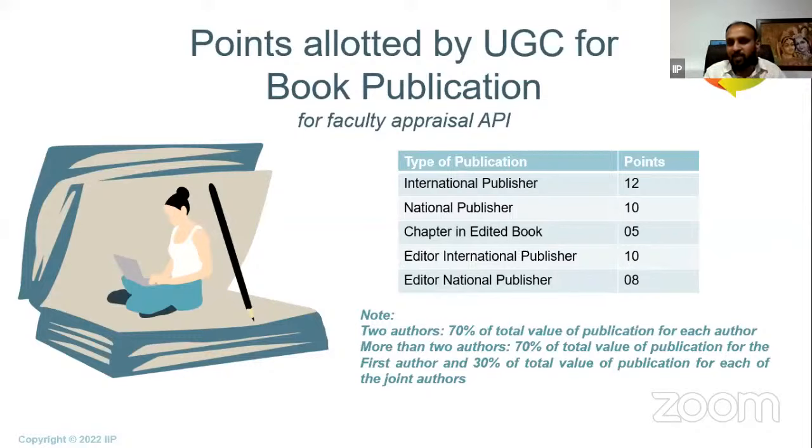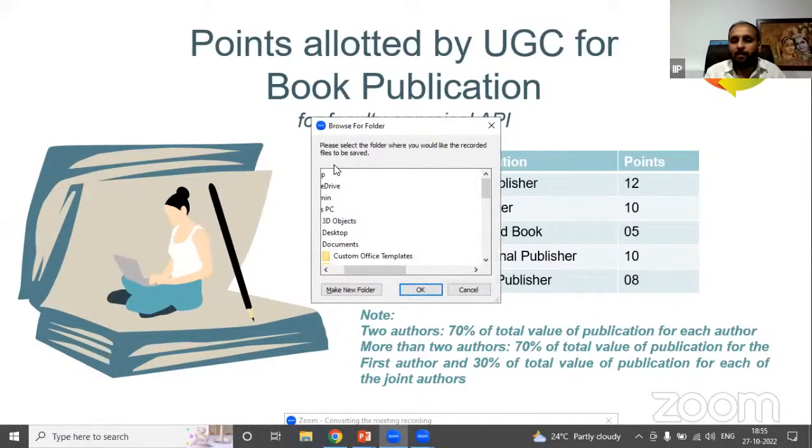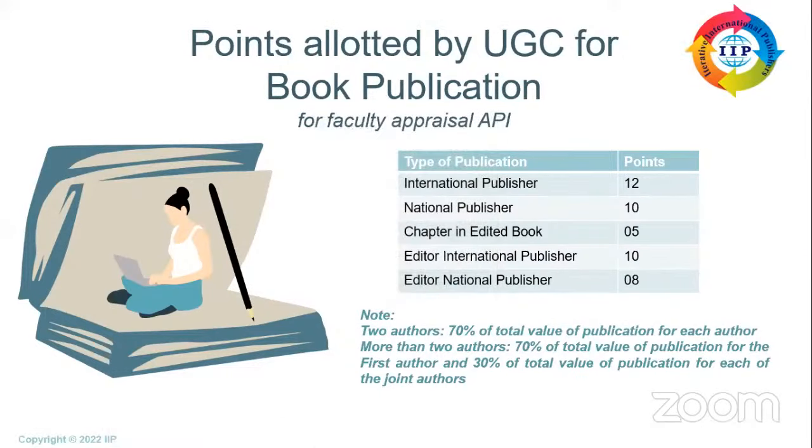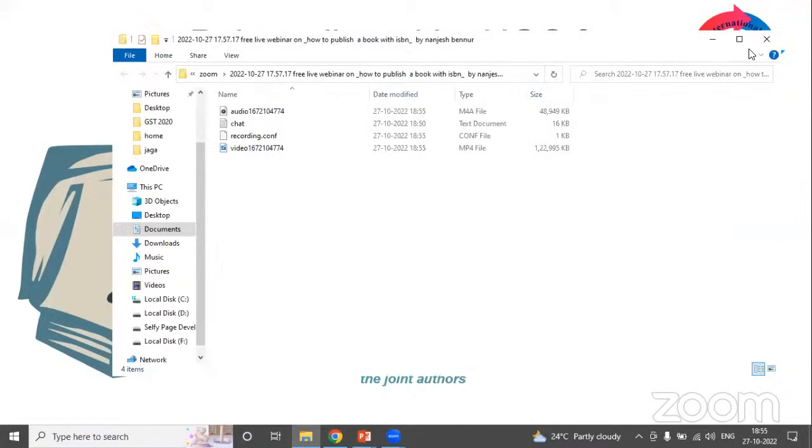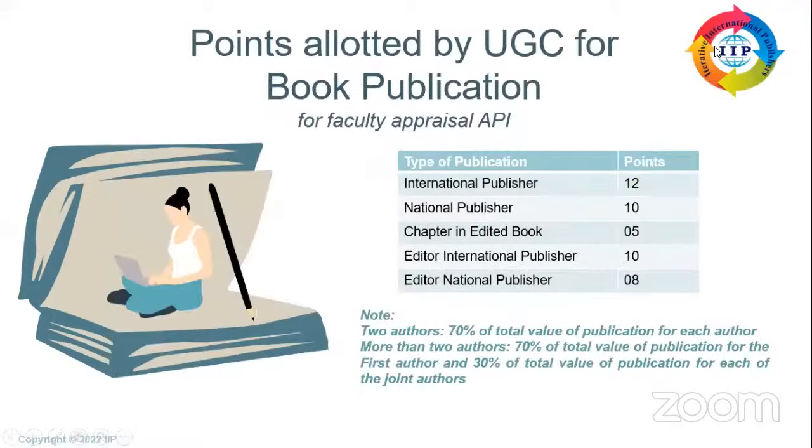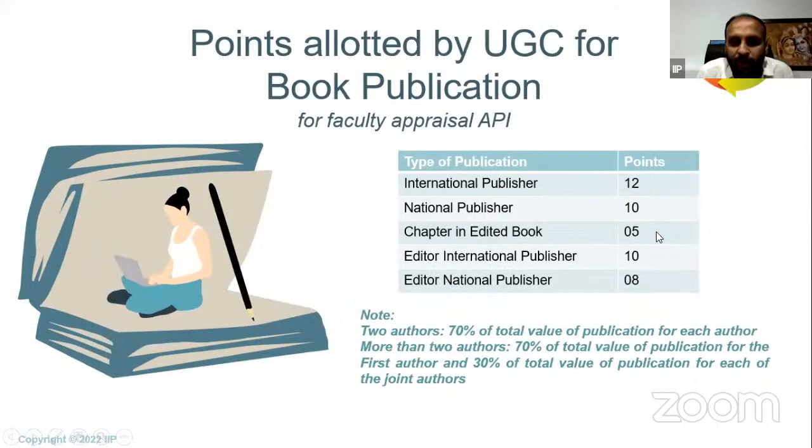If you are a single author with an international publisher, the points allocated will be 12. If you publish a book under a national publisher, it will be 10 points. If a chapter is published in an edited book, then 5 points will be allotted per chapter.